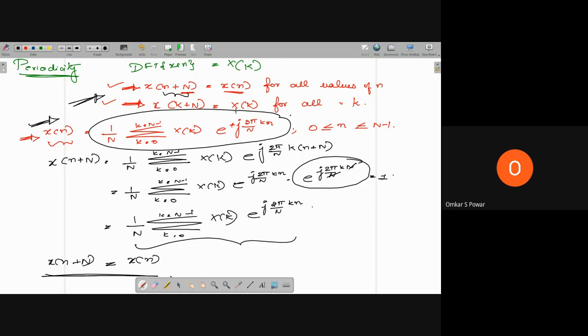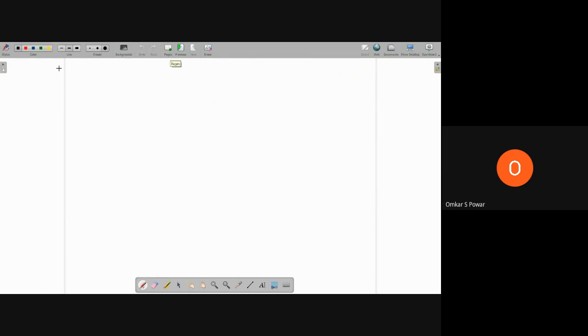Okay, one minute. Let me take a new sheet. Okay. So the circular time shifting property of DFT. First we'll write the statement, then we will understand step by step what to do.